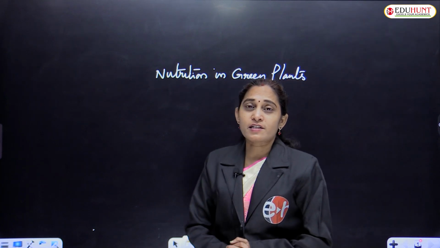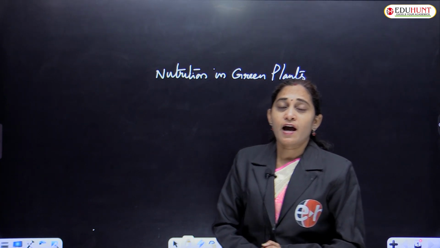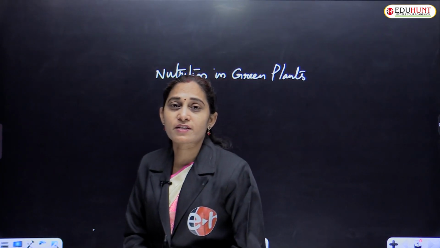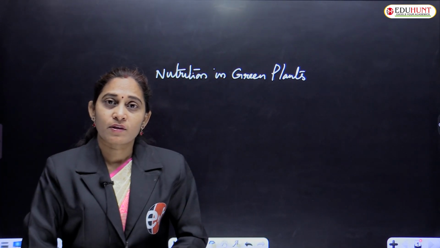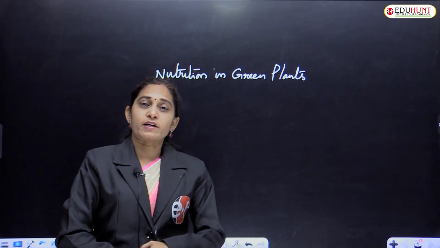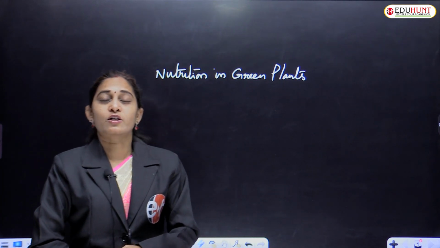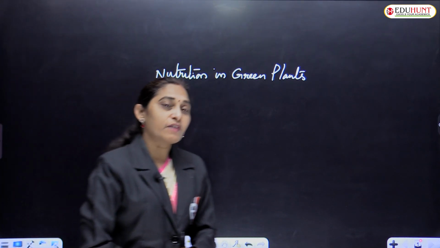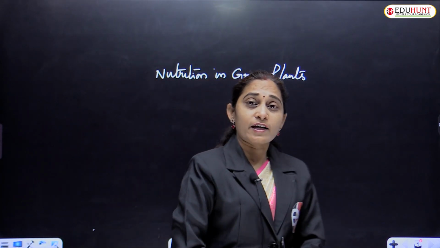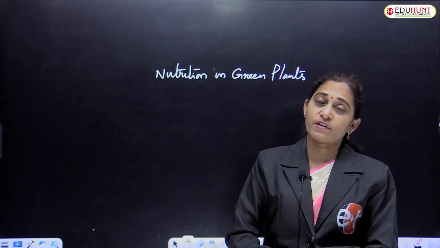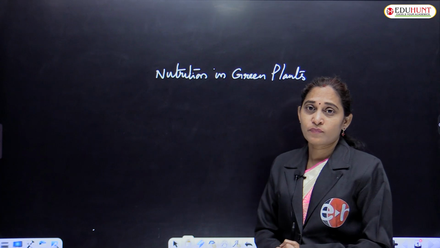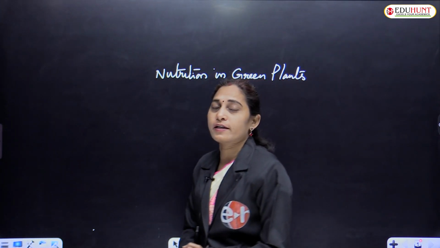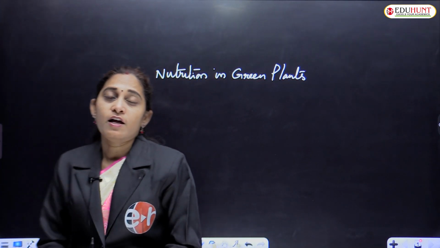For photosynthesis, as we have discussed in the previous session, it requires 4 factors: sunlight, water, CO2 and chlorophyll. The first 3 factors, available in the atmosphere and from the sun, are considered external factors, and the internal factor is the chlorophyll.